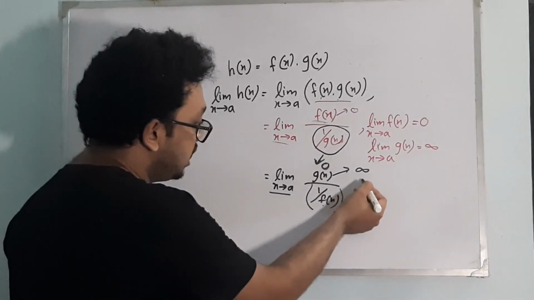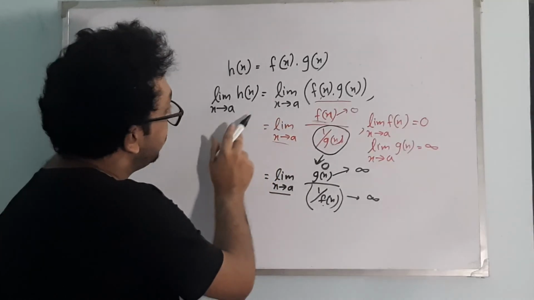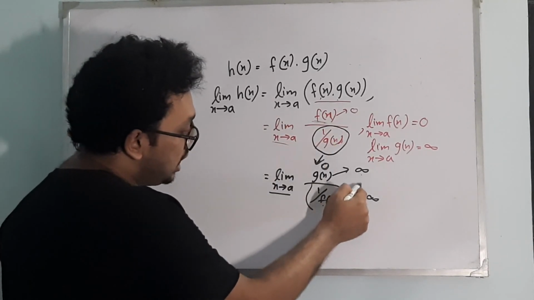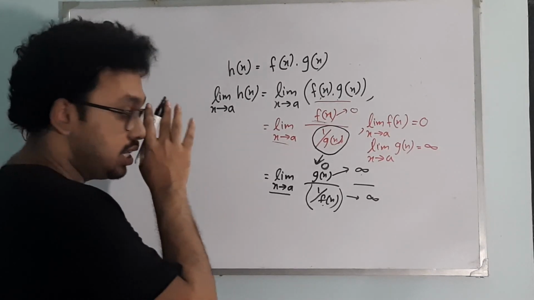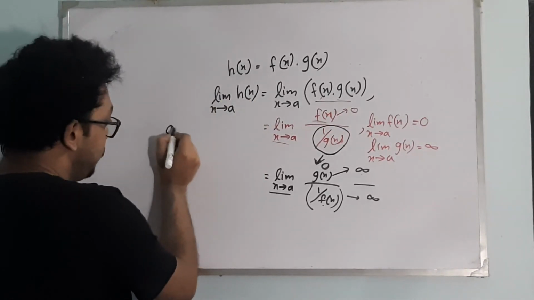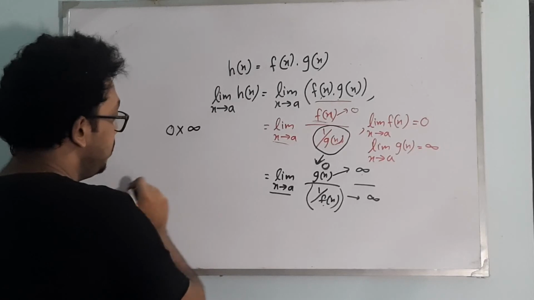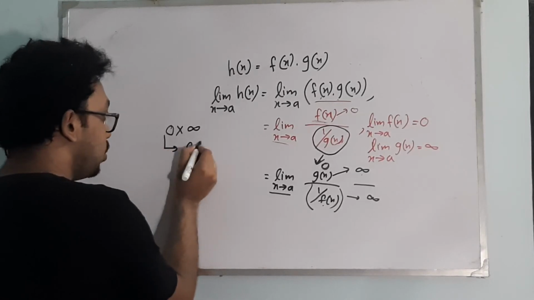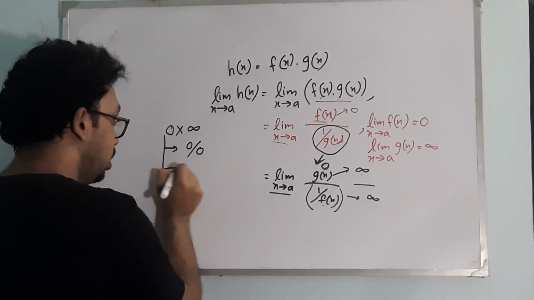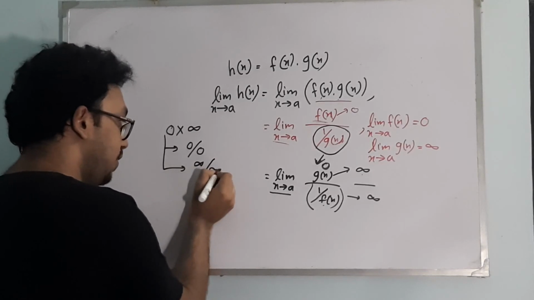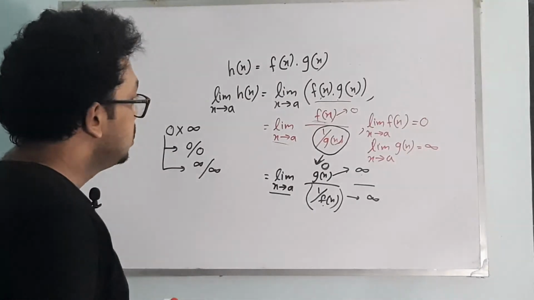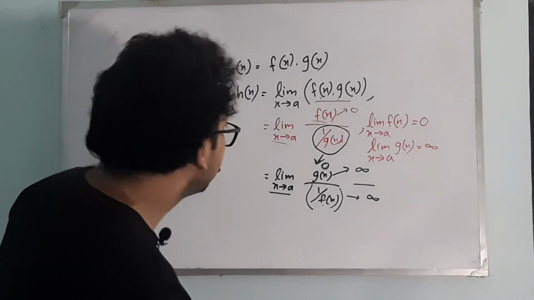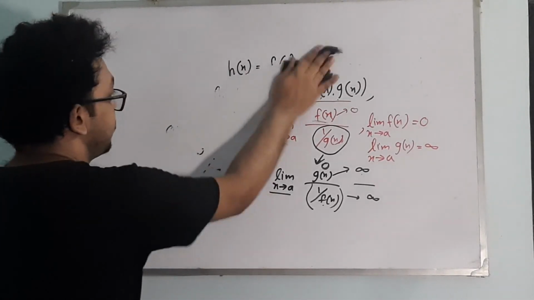So clearly now we have changed this problem from 0 into infinite to an infinite by infinite form. So what did we learn? We observed that if we have a problem in 0 into infinite form, we can either convert it into 0 by 0 form, or into infinite by infinite form, and we can solve the problem using L'Hospital rule. So let us solve one problem of this type.